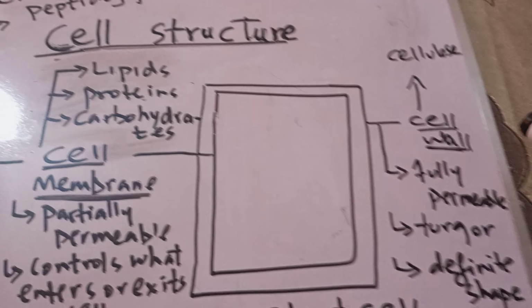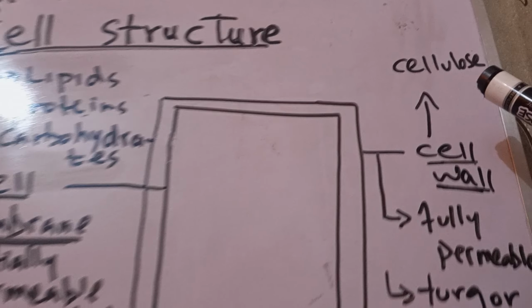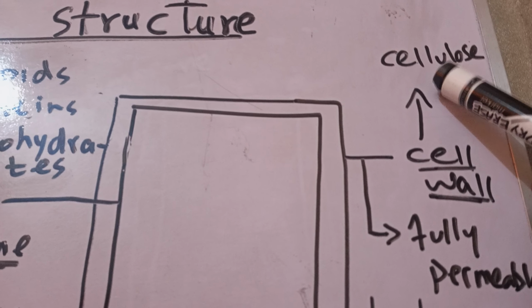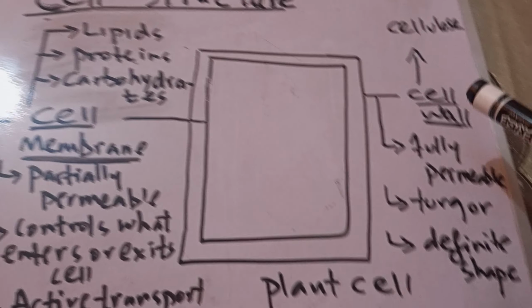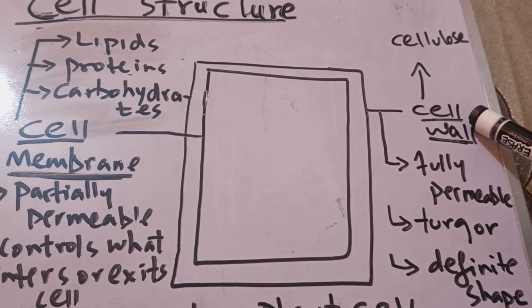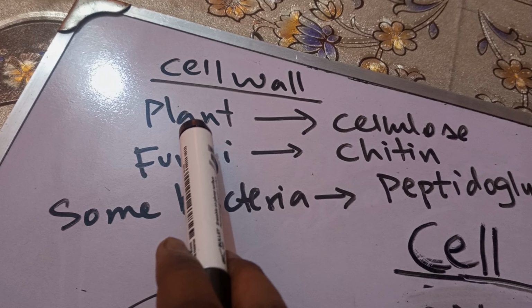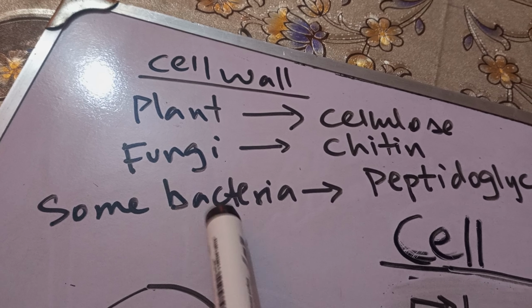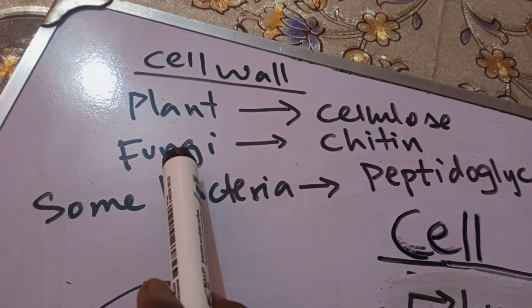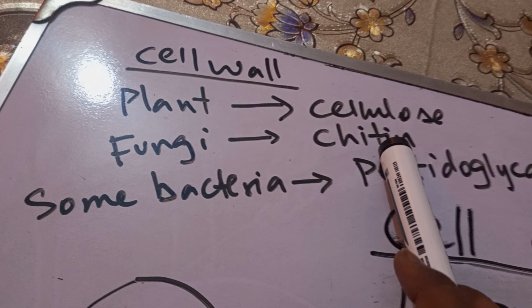Now, as far as its composition is concerned, the cell wall is made up of a chemical named cellulose. But please remember, there are some other organisms which also have a cell wall. In plants, the cell wall is made up of cellulose. Fungi and some bacteria also have a cell wall. The cell wall in fungi is made up of a different chemical named chitin.